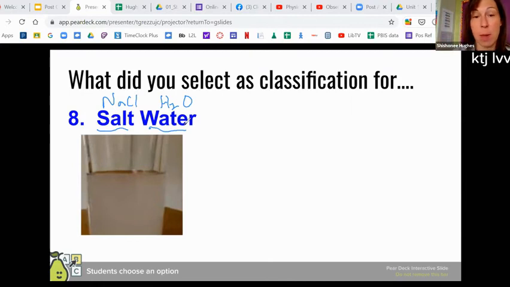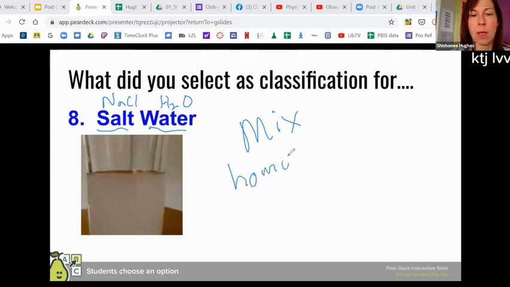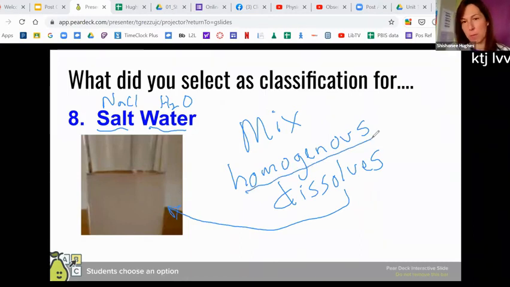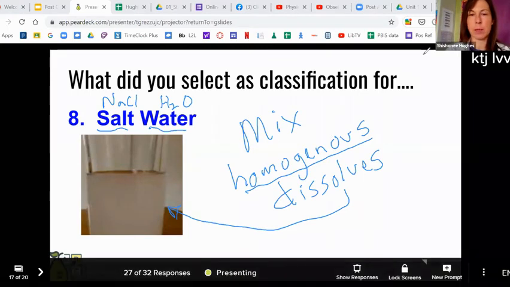So this is not a compound, this is a mixture. And kiddos, when we have anything like salt or sugar and it dissolves, it will be the same throughout. So this is a homogeneous mixture.